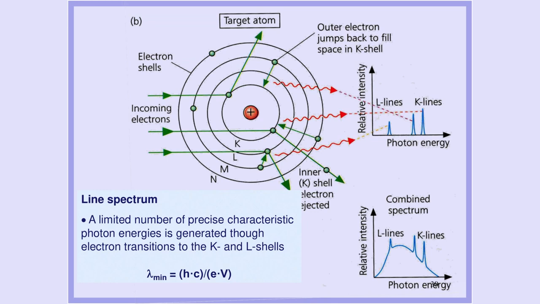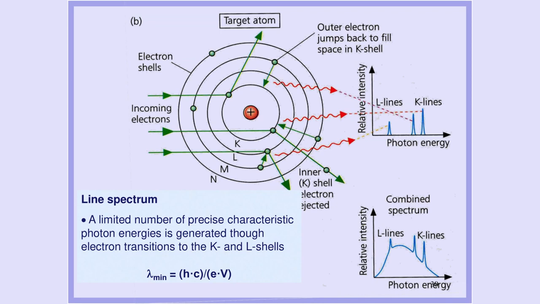Superimposed on the continuous spectrum is a number of sharp intensity peaks, constituting a line spectrum. The lines occur in groups. The shortest wavelengths, highest energy group, are called the K lines, the next the L lines, and so on.